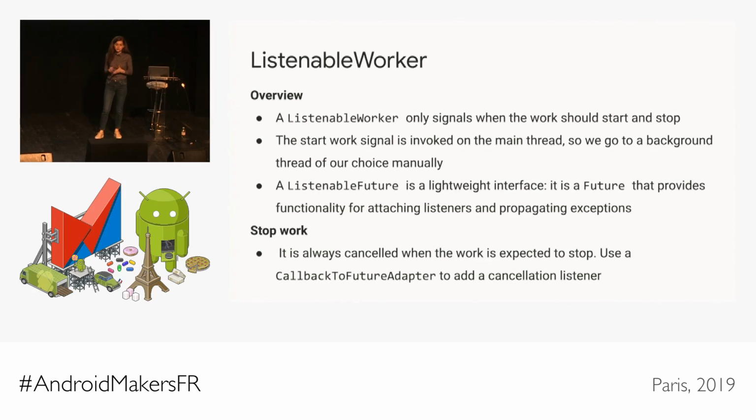So ListenableWorker is only responsible to let us know when the work should start or stop. When the work starts, it is invoked on the main thread, and we go to the background thread manually. If we want to stop the work, we need to use a callback to future adapter in order to add a cancellation listener.